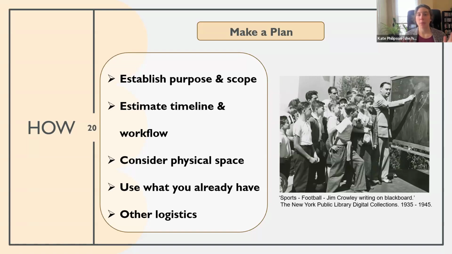I think the most important thing about space is to designate the different areas of your collection storage. So I have an extra slide or two about this in a minute, just to drill down and really be thinking about how you're going to label areas of your workspace and of your collection storage.